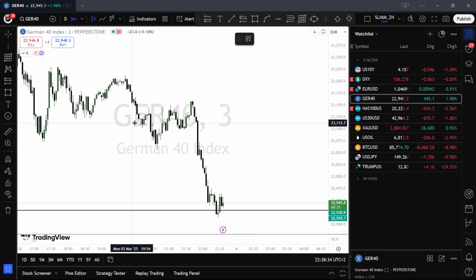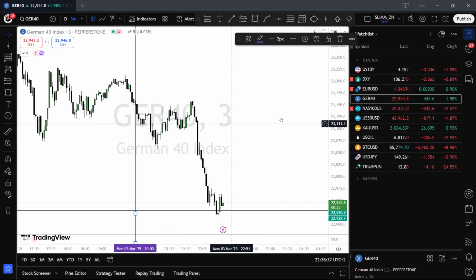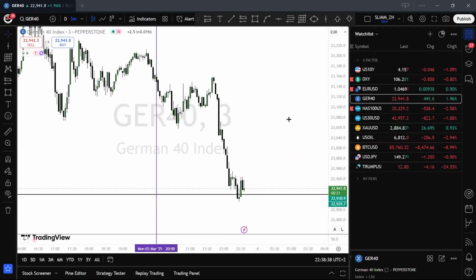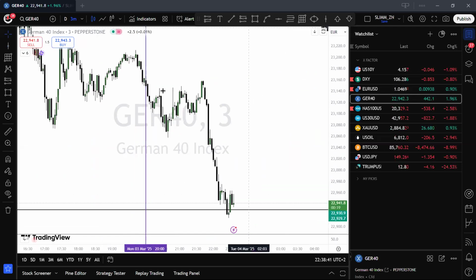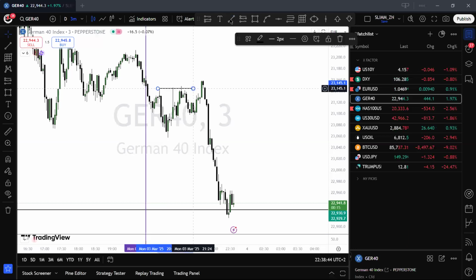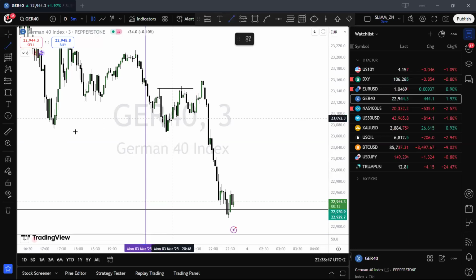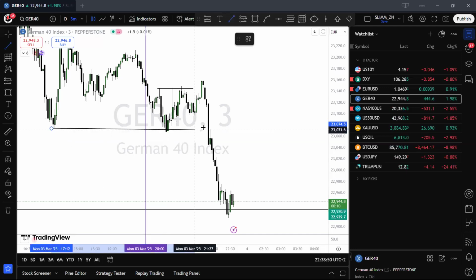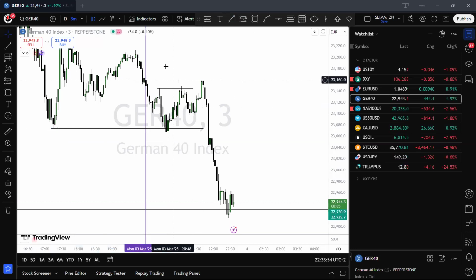8 p.m. was right here. Then again, we have the same setup. You want to locate your equal highs and equal lows. As soon as you locate your equal highs and equal lows, then you want to wait for an order block to be broken in the direction of your bias. So here we're in a selling bias.